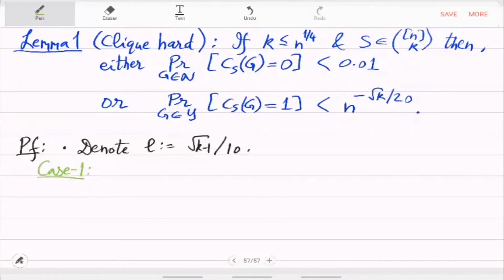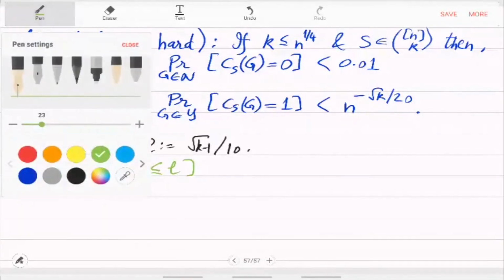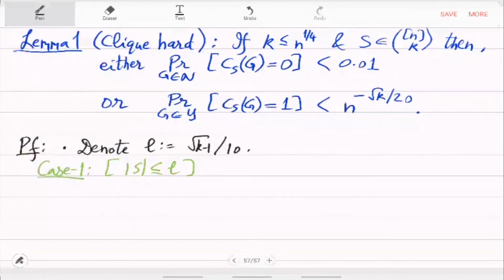So suppose the set S is smaller than L. Either the set S is of size less than L or more than L. When it is less than L, it will make a mistake on one side, and when it is more than L, on the other side. When the set S is small, we have to look at the no instance distribution.